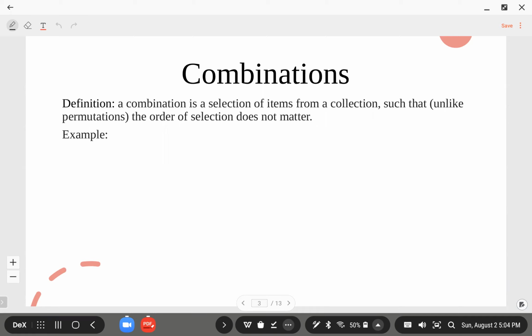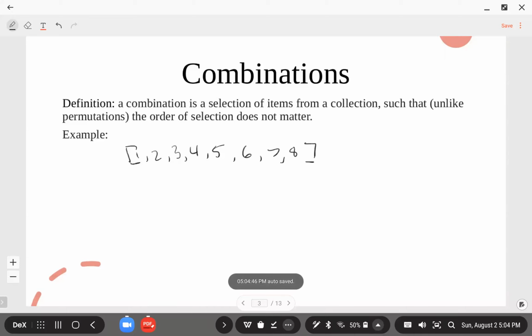Let's say we have another set, let's say it's 1, 2, 3, 4, 5, 6, all the way to 8, okay? All the way to 8.